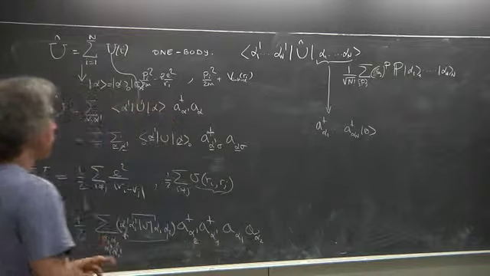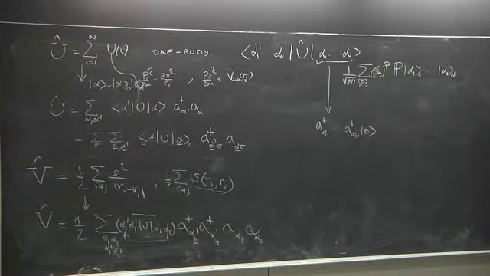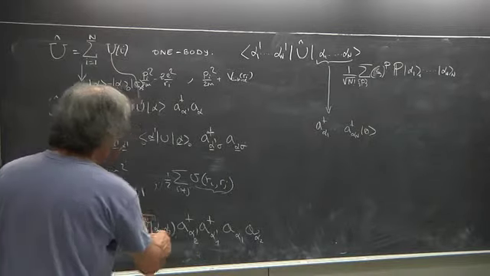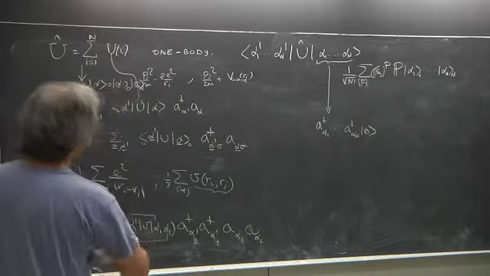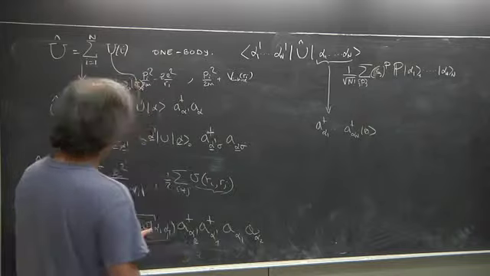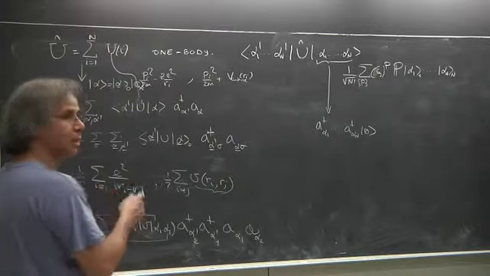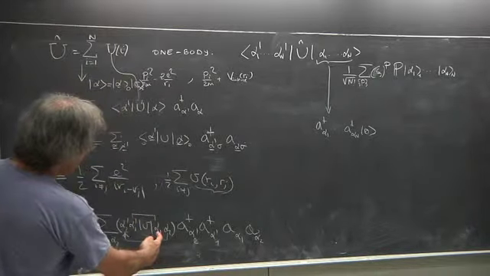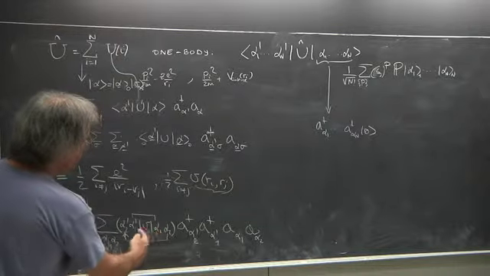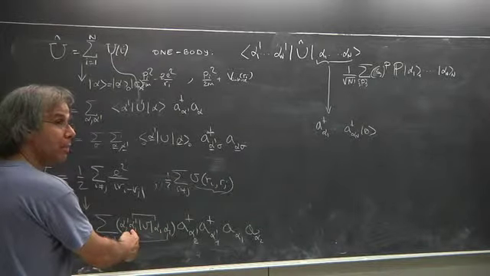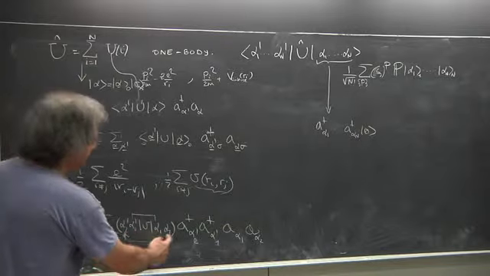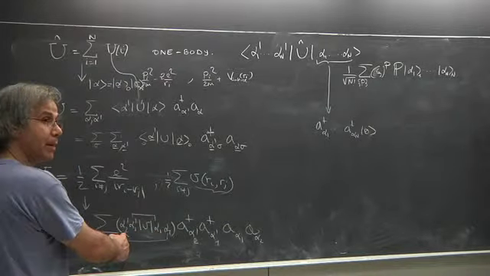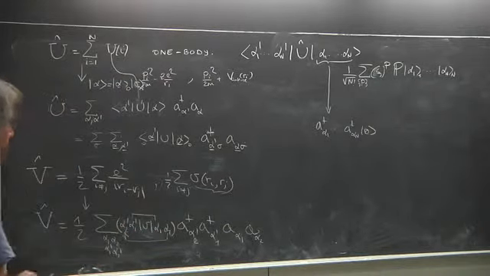So use whatever letters you want, alpha, beta, whatever, but always have clear in mind that this matrix element here has the form of a double integral where the variable here and here act on the same particle, say particle 1, and the variable here and there also act on the same particle, say particle 2, okay?